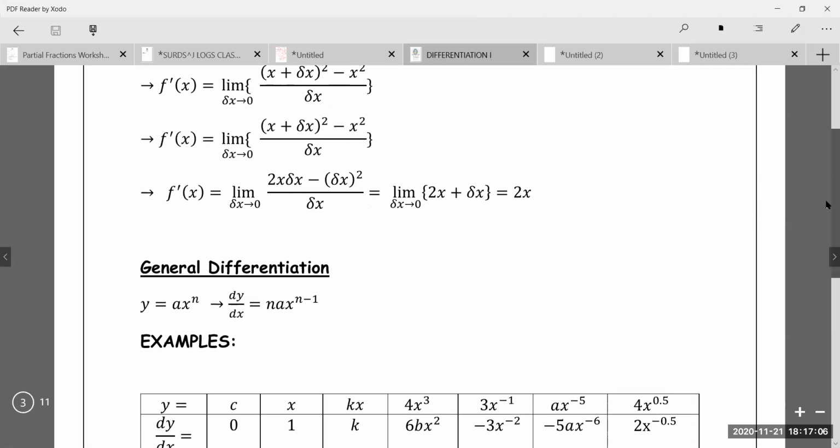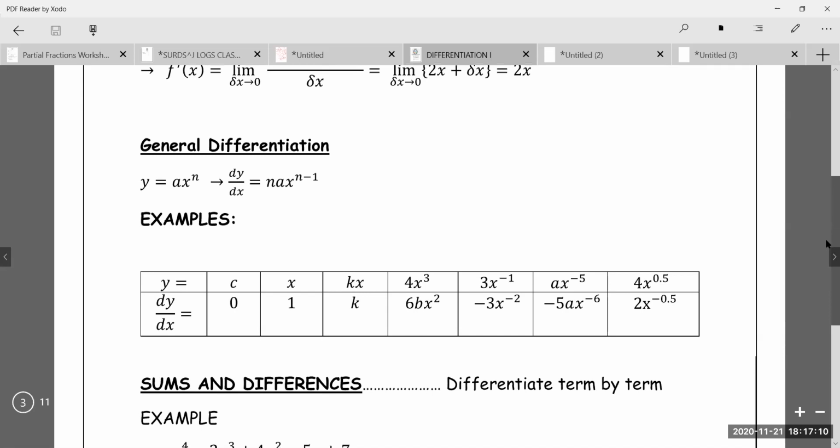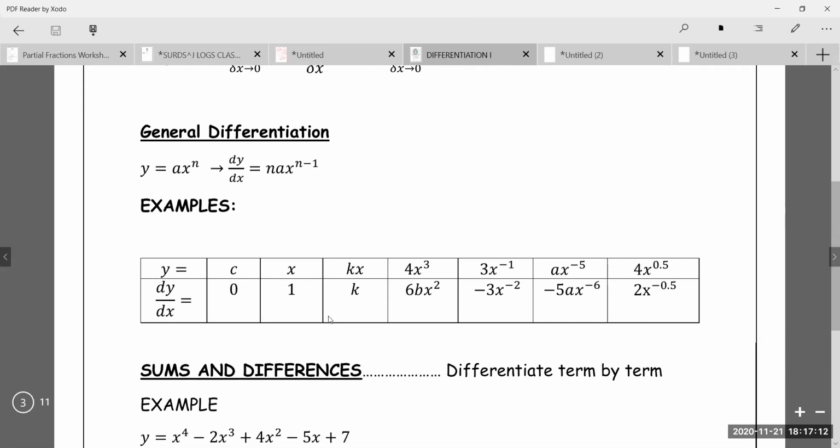So this is the general rule of differentiating functions. Now we're going to start with differentiating y equals ax to the n. If y is equal to ax to the n, the general rule of differentiation is you bring down the power.